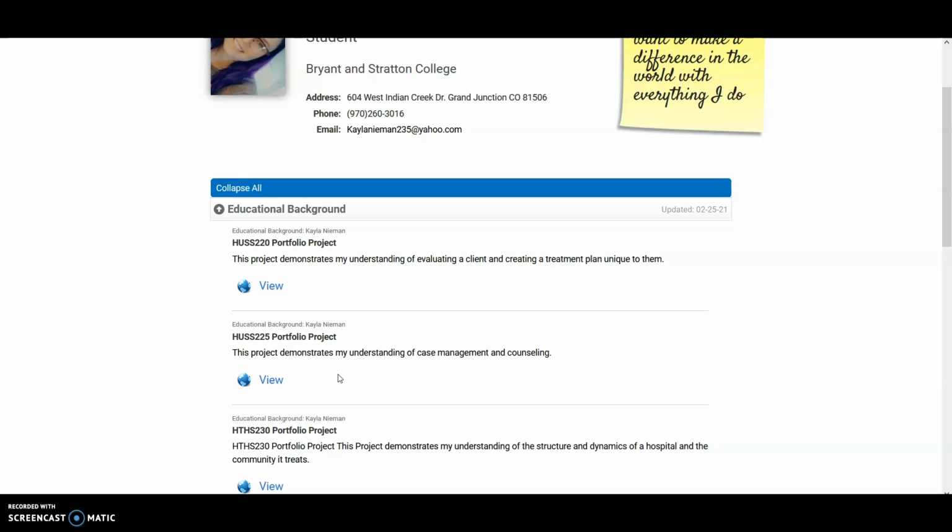This portfolio project meets this outcome because it demonstrates my knowledge of human conditions and factors that have an impact on the way we function in society and the challenges these conditions and factors have on our everyday life. This project also demonstrates my ability to diagnose and treat human conditions that impact human functioning.